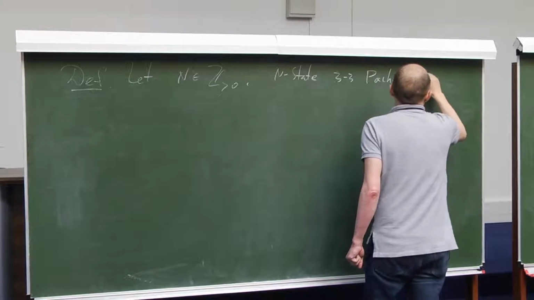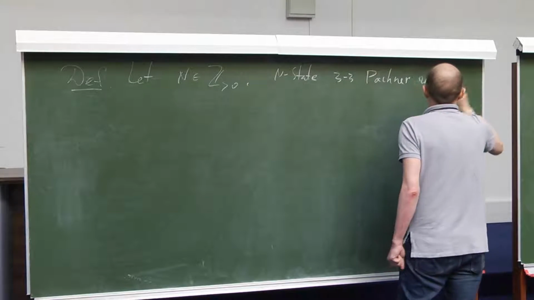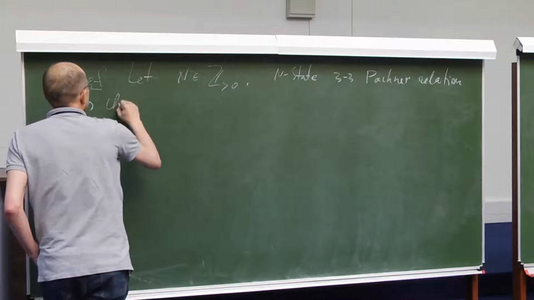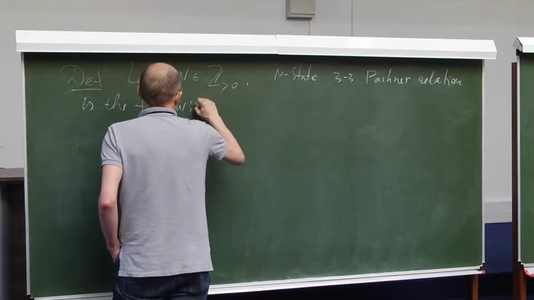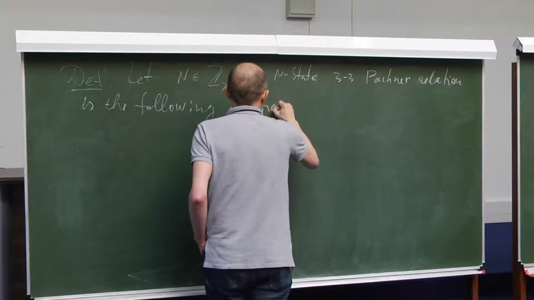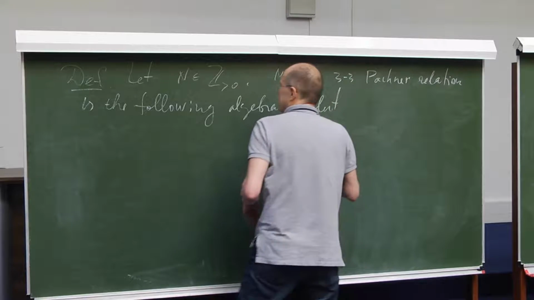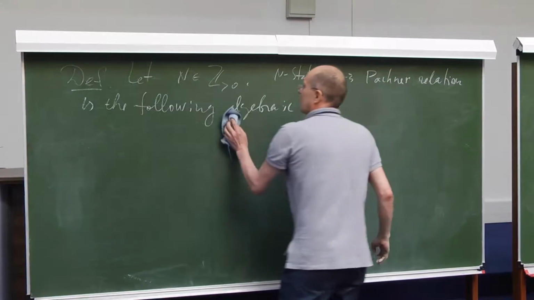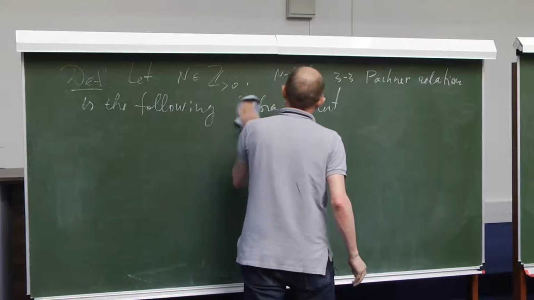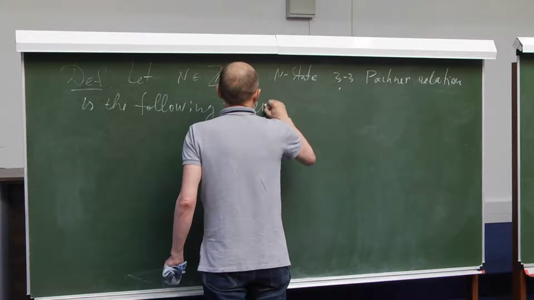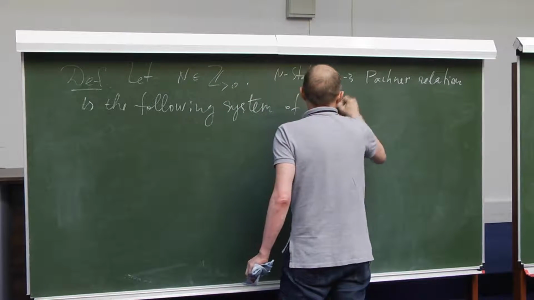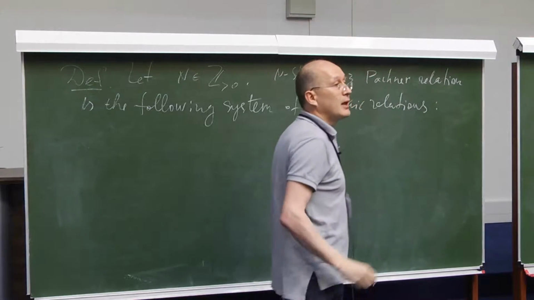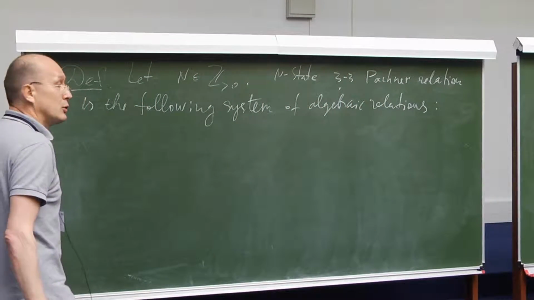A Pachner relation is the following algebraic relation, or system of algebraic relations. And I will draw a picture, but then I will translate this picture into a formula.